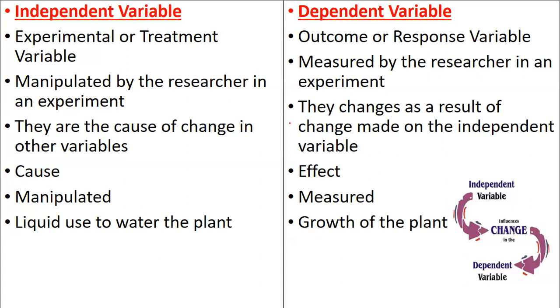Depending upon this, there will be an effect seen. The dependent variable is the outcome or response variable measured by the researcher in an experiment. It changes as a result of the change made in the independent variable, where you can see the effect and measure it. In the example, the liquid used to water the plant comes under what? Independent. Depending upon the more amount of liquid or less amount of liquid, based on that you can understand or define the growth of a plant.